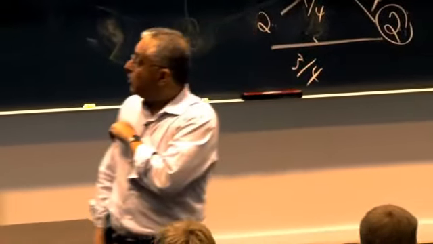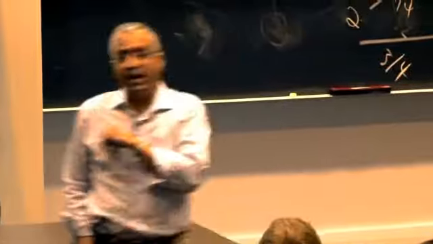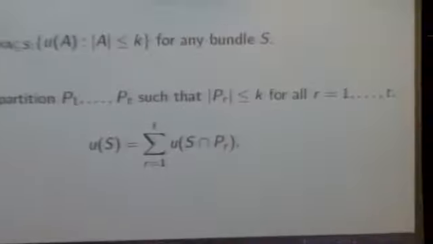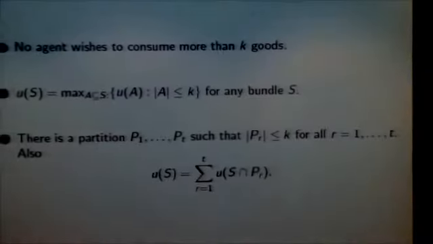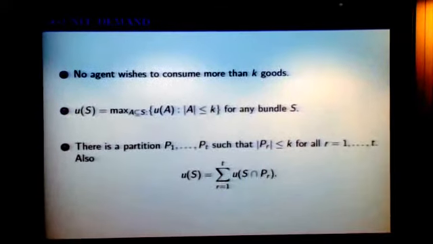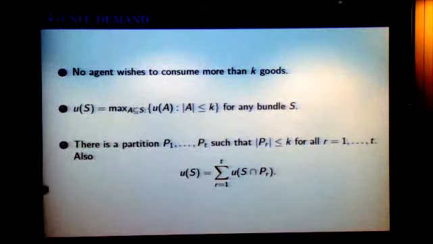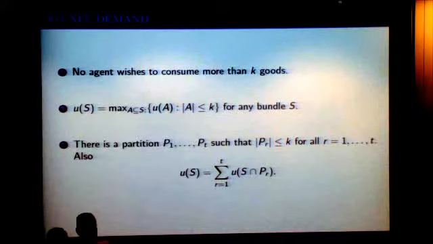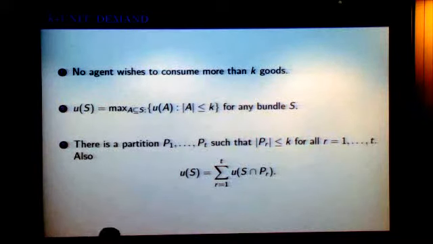So I'm now going to be more specific about the kinds of settings I have in mind. There are 3 possible settings that the machinery will go through for. Setting number 1 is no agent wishes to consume more than k goods. But they will have preferences over bundles of size up to k.